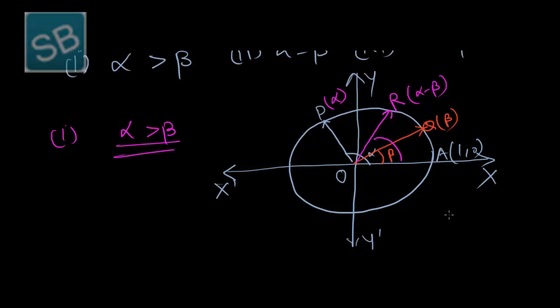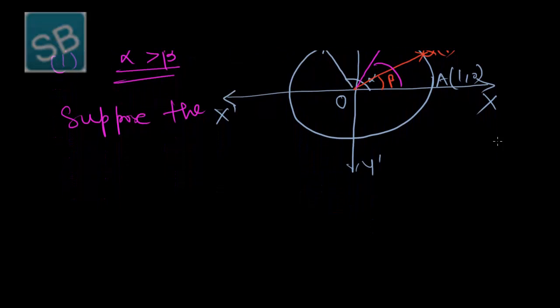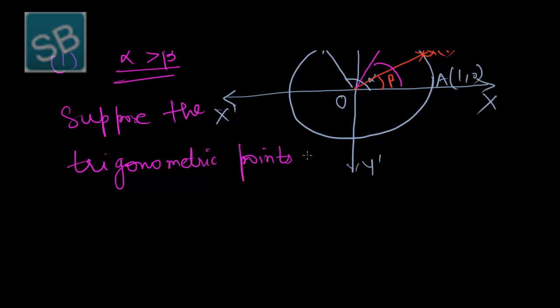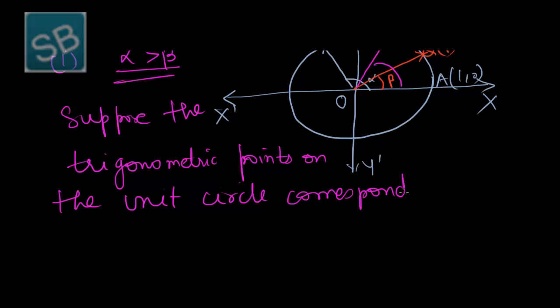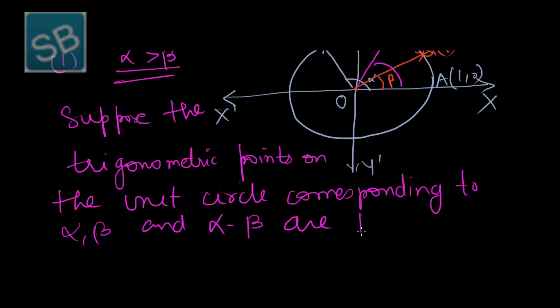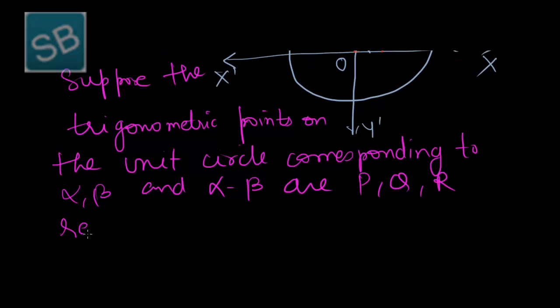Suppose the trigonometric points on the unit circle corresponding to alpha, beta and alpha minus beta are P, Q, R respectively, as discussed in the earlier diagram.